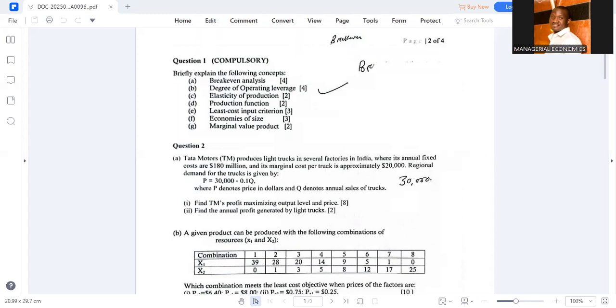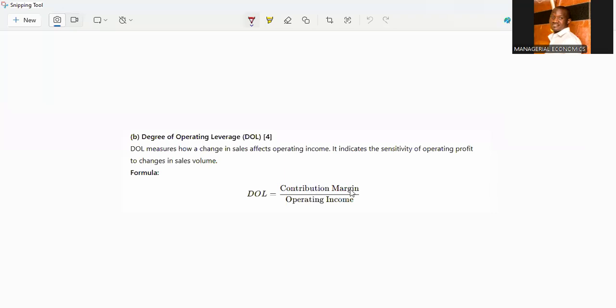It is given by the following formula. DOL is given by contribution margin over operating income. So it measures how the change in sales affects the operating income. It indicates the sensitivity of operating profit to changes in the sales volume. So that is what we call DOL.